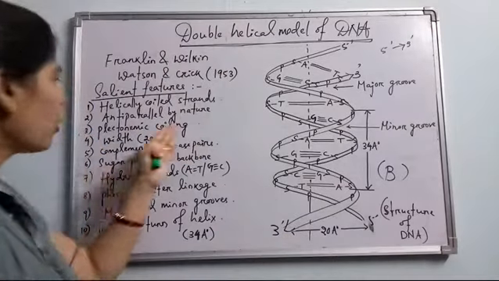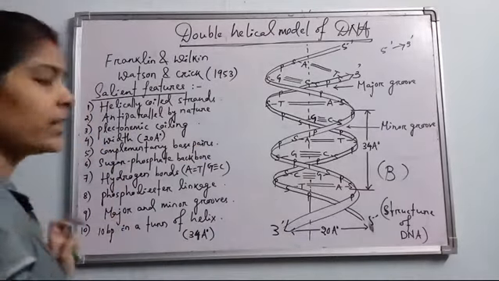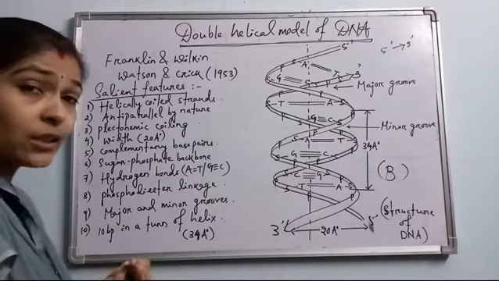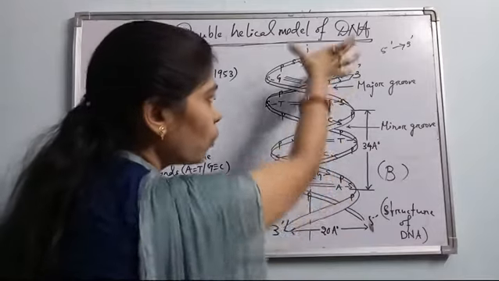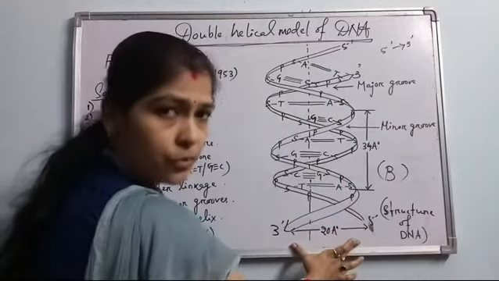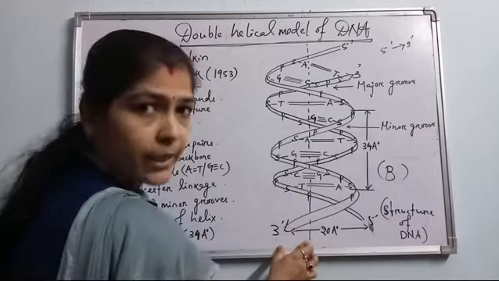So this is called plectonemic coiling. Then the width of DNA. What is the real width maintained in the whole structure of DNA? It is 20 angstrom, the width of B-DNA.